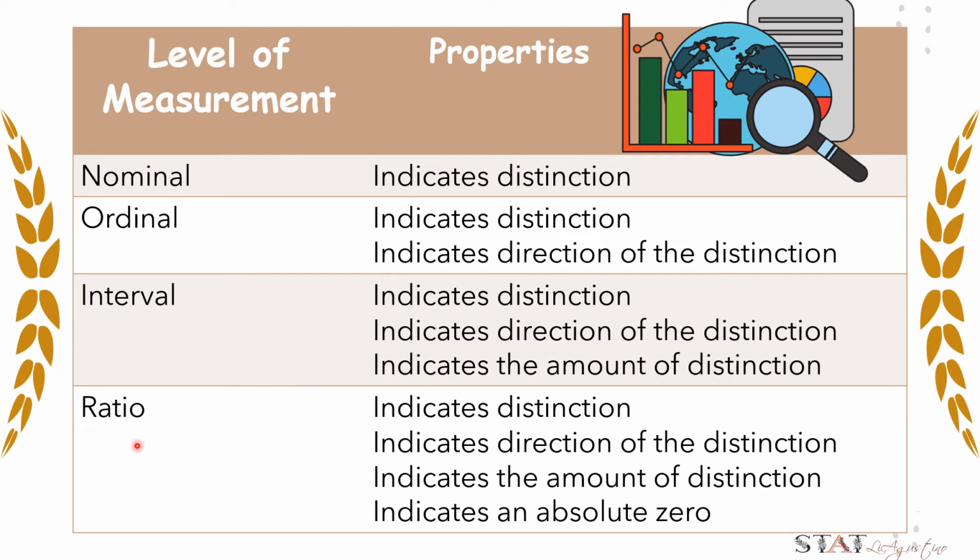However, the highest level of measurement is the ratio. It indicates distinction, direction of the distinction, the amount of distinction, and at the same time an absolute zero. The zero response really indicates that there is no presence of that characteristic. So those are the four levels of measurement.